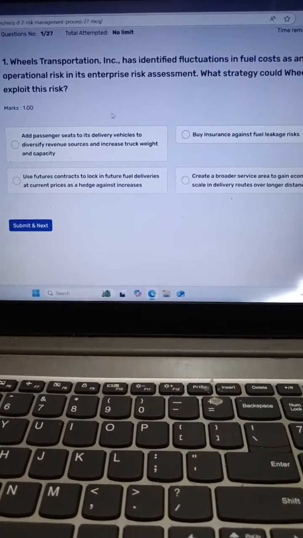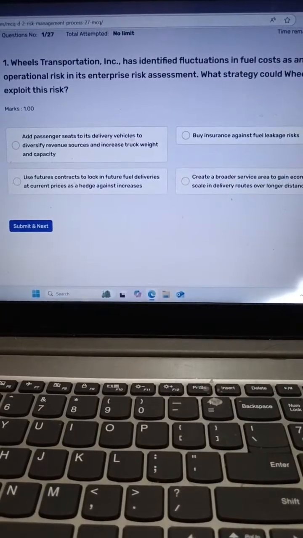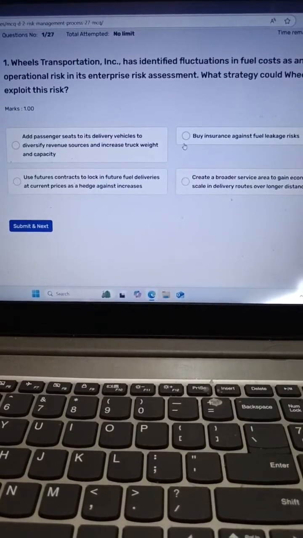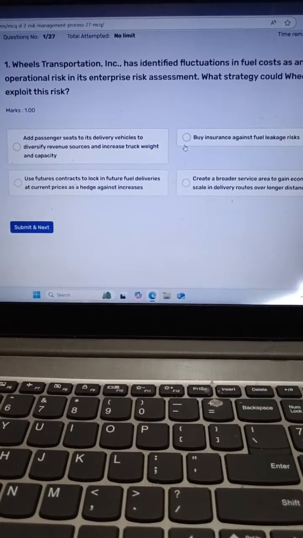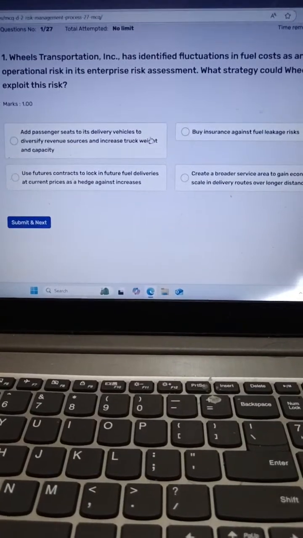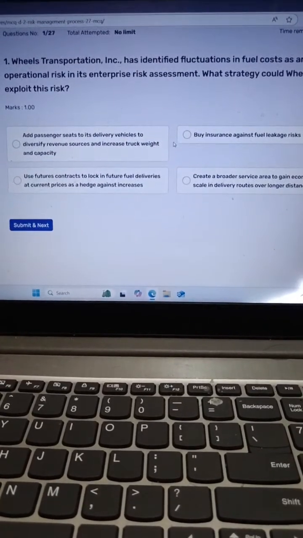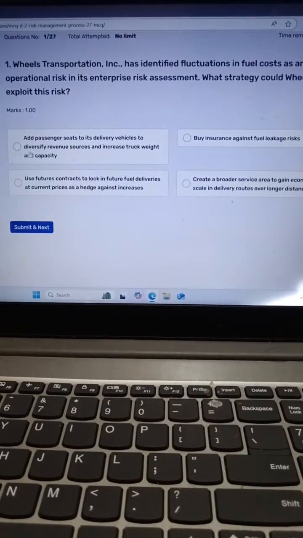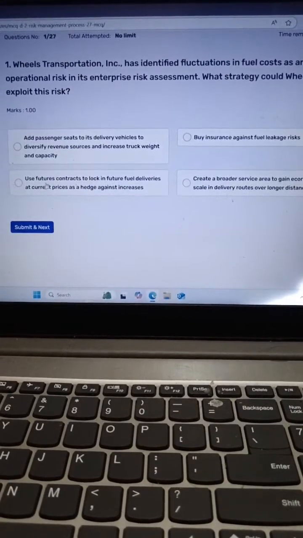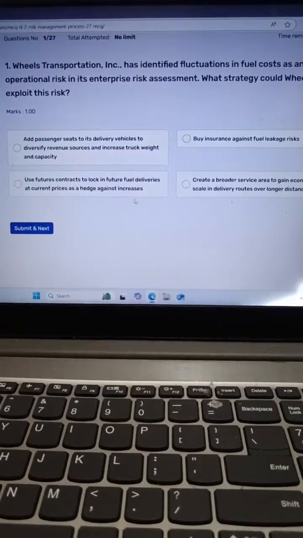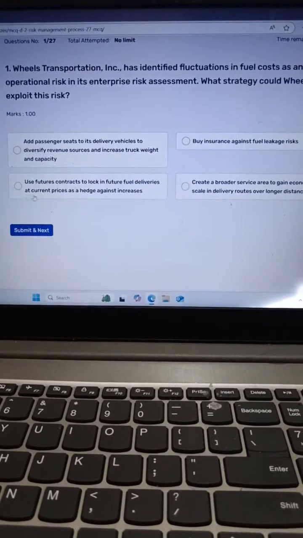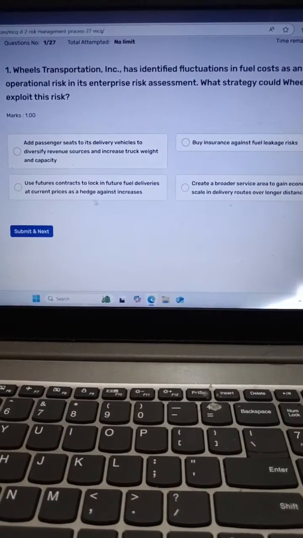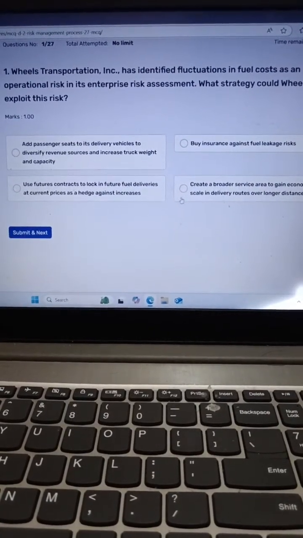In the given options, one is buying insurance against fuel leakage risks, which is also called the risk sharing option. Another option is to use a futures contract to lock in future fuel delivery at the current price as a hedge against the increase.